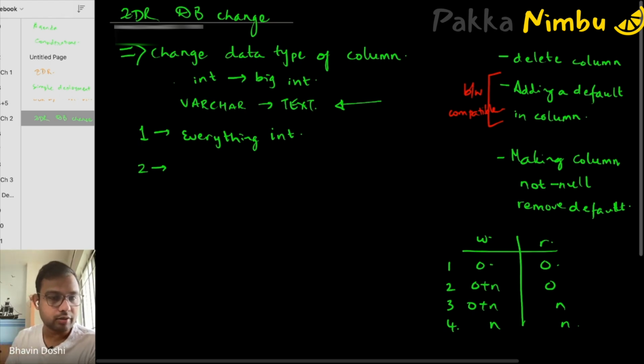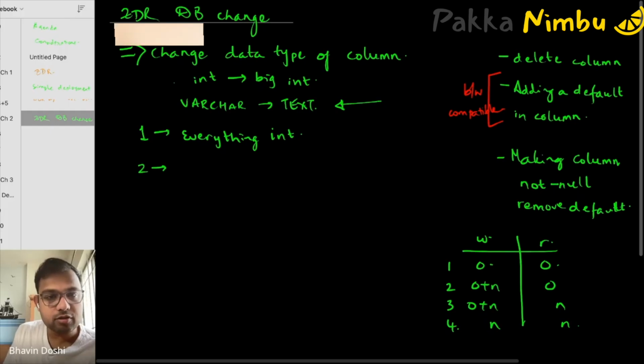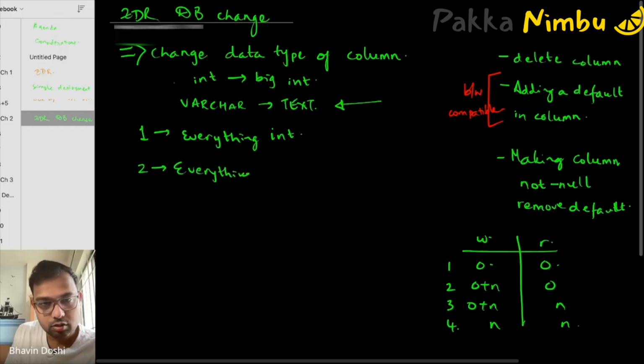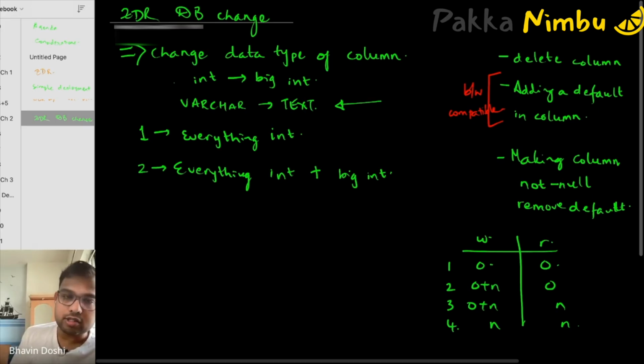You can't discard it. So you have to add something first, because additions are backward compatible. So you just add a column. Now, if everything was writing integer, it will also write a big integer. So what's the PR?